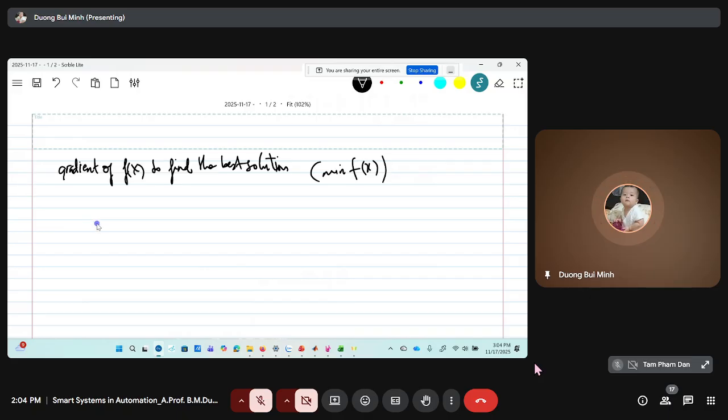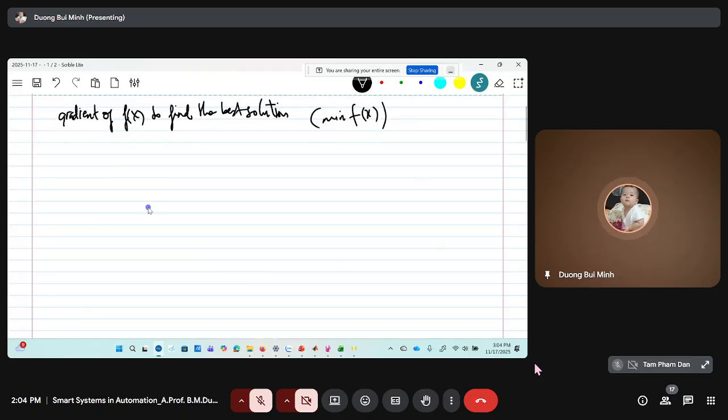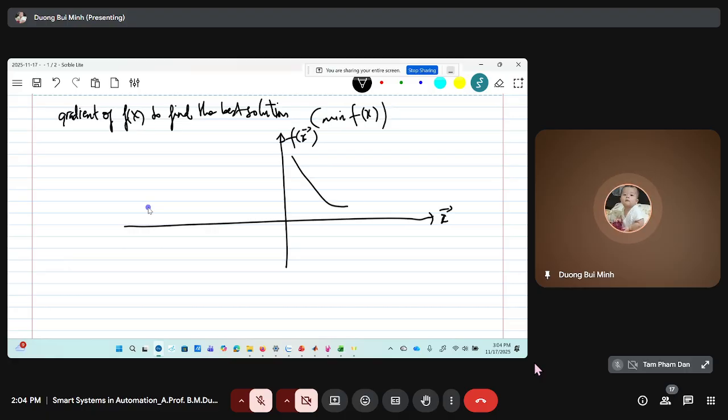So if we have f(x) like this, and this axis is x, with a curve like this, it is very easy. At the beginning, if we apply gradient, it means the tangent line. For example, we choose this point, xa, and draw the tangent line.